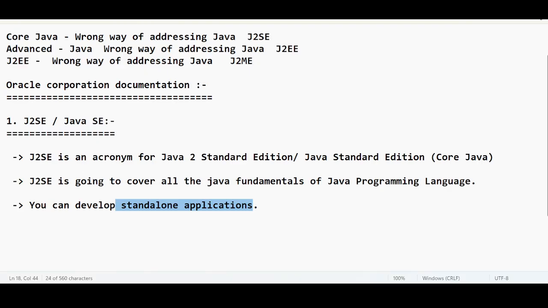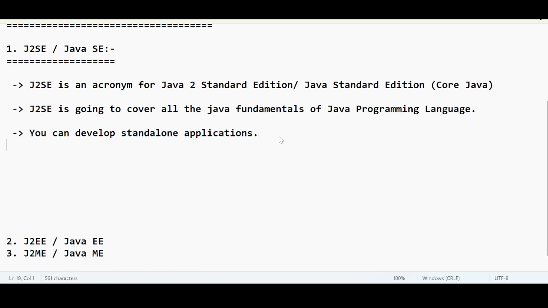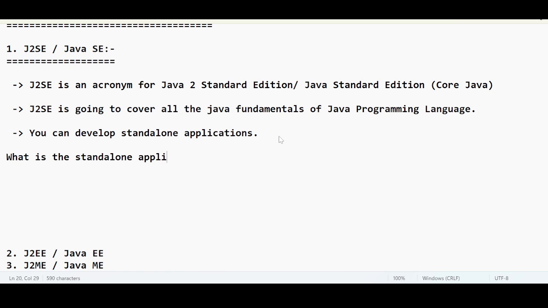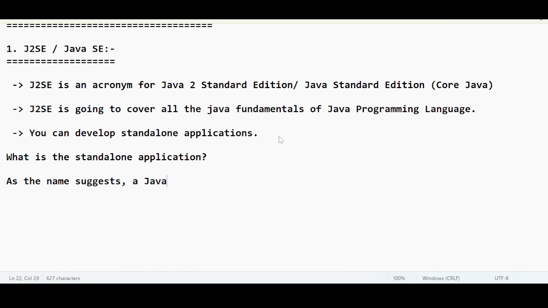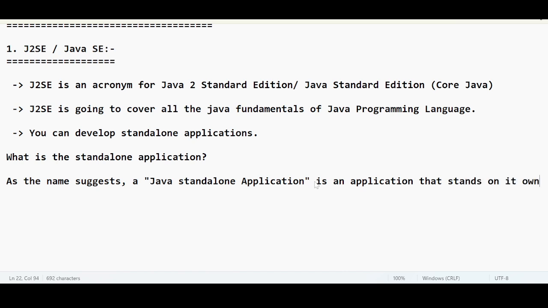Okay. So now we know you can develop standalone applications. The famous interview question: what is a standalone application? As the name suggests, a Java standalone application is an application that stands on its own, right?